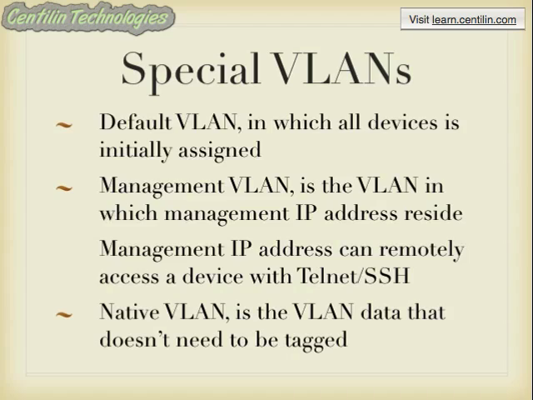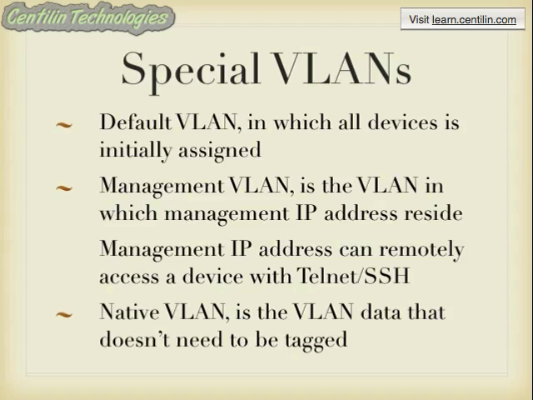A management VLAN, on the other hand, uses an IP address to remotely access the device using Telnet or SSH. This VLAN is where that IP address resides. This VLAN doesn't relate to any physical port. It's a logical concept that relates to the management IP address configured on the switch or other devices.